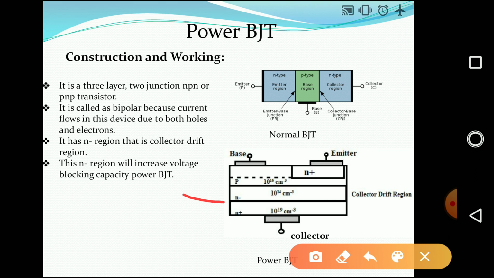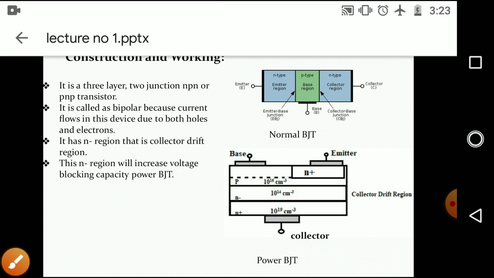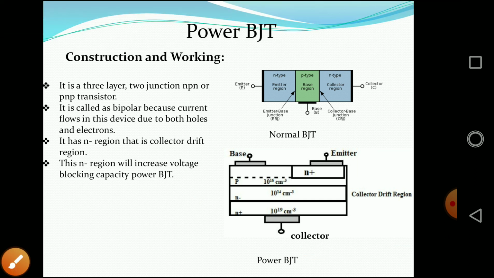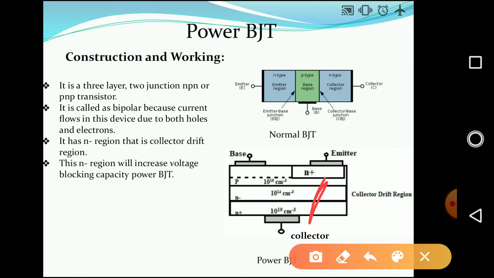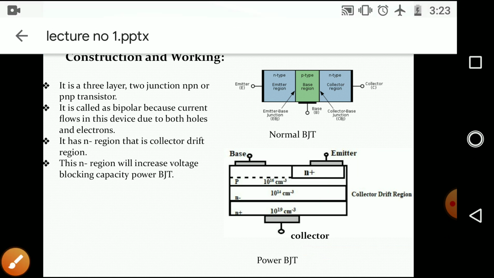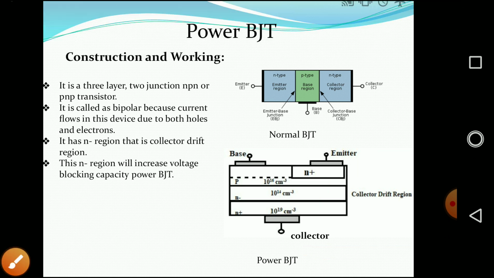So due to the N minus layer, that is the collector drift region, the doping level between the emitter and collector is highest, due to which current gain beta decreases, and due to the presence of the N minus layer, during reverse biasing the width of the depletion layer will be more.